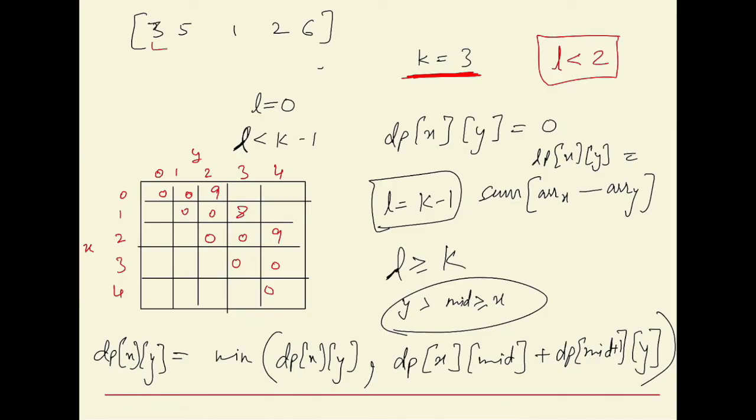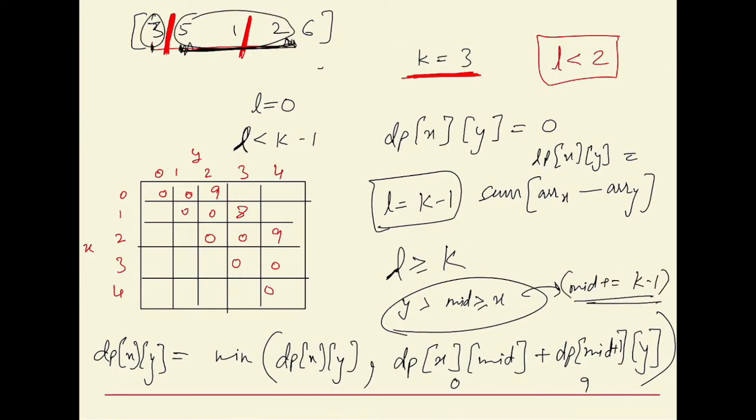Let's say we are considering this, then we can break this at this point, or we can break this at this point, and that's it. So here mid would start from x, mid should be less than y, and mid would be increased every time by k minus 1.